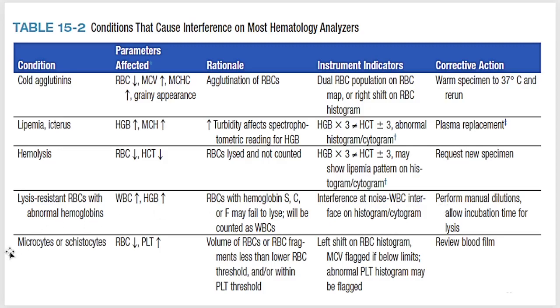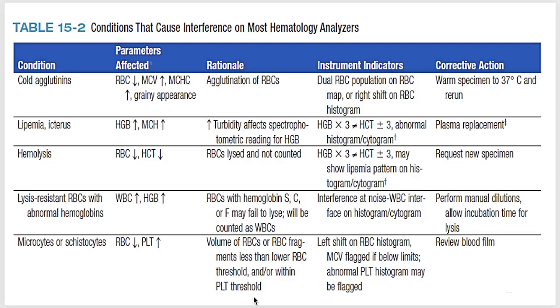Another parameter, your microcytes or schistocytes. Masyadong maliliit, di ba? Microcytes, maliliit na cells, or your schistocytes, maliliit na cells. So, volume of your RBC or your RBC fragments less than the lower RBC threshold and or within the platelet threshold. So, kumbaga, masyadong maliliit ang RBC. Nababasa siya as platelet. Kasi, we all know your platelets are maliliit.